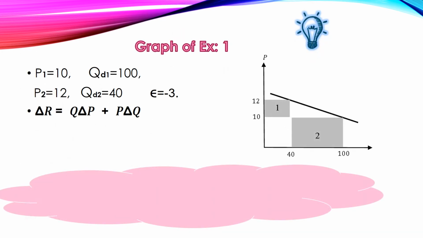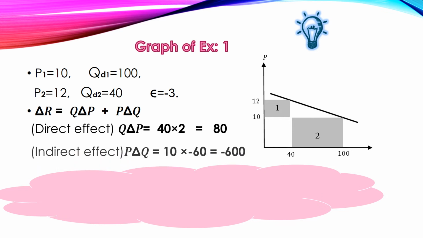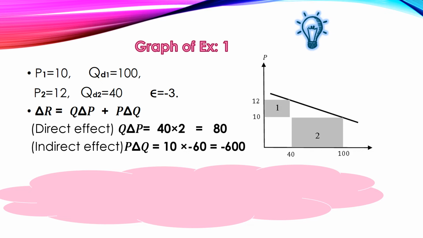On the graph, quantity demanded changes from 100 to 40, and the price changes from 10 to 12. The direct effect is represented here in the first area. Quantity, which equals 40, multiplied by change in price, 12 minus 10 equals 2. 40 multiplied by 2 equals 80. The indirect effect is represented here in the second area.